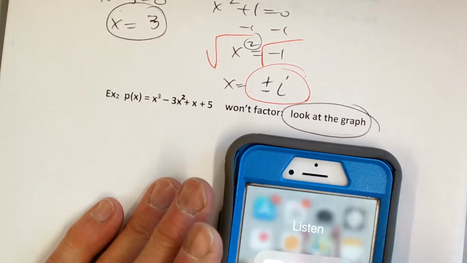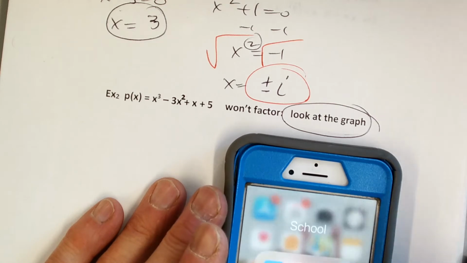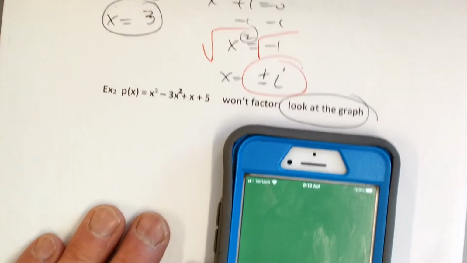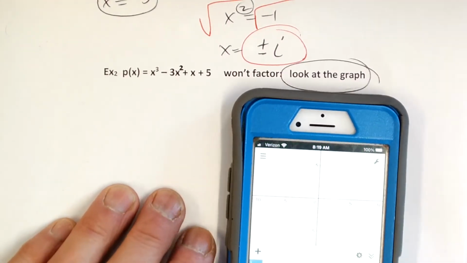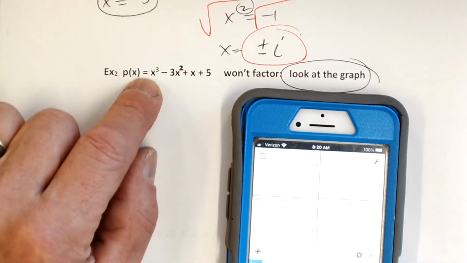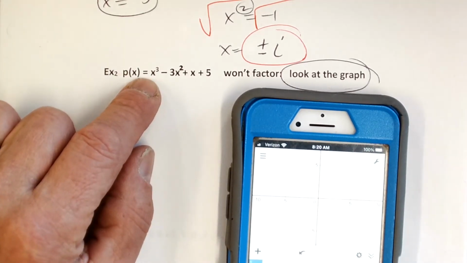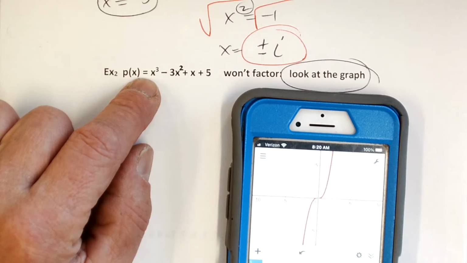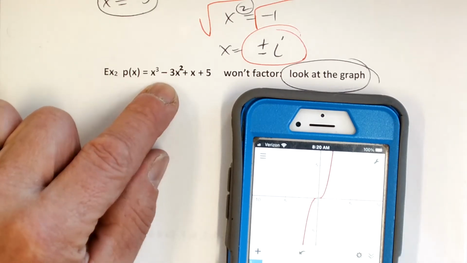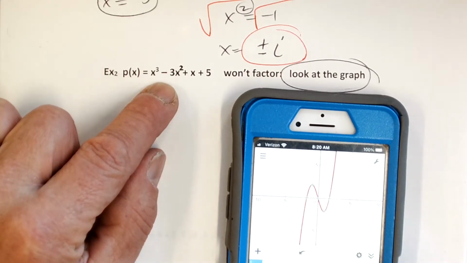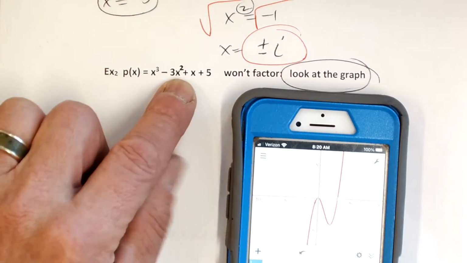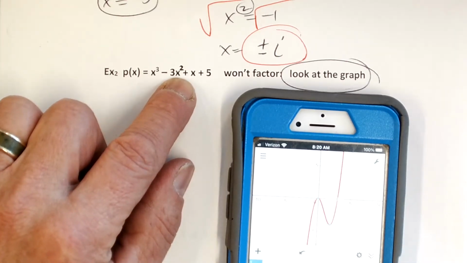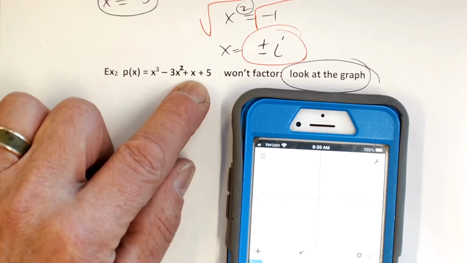And what we're looking for, whoop, that's Spotify. I don't want Spotify, I want Desmos. Here we go. So let's check this out. Let's see what I got. So I'm going to go y equals x cubed, subtract 3x squared plus x plus 5.